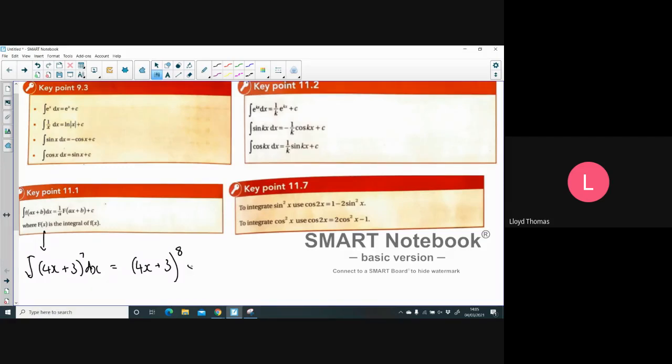Sometimes it might be easier to write 1 over 8 times the bracket instead of the 8 underneath, because you also need to divide by the differentiation of the bracket, which in this case is 4. So we times that also by 1 over 4. The answer comes out to be that bracket over 32, or 1 over 32 times the bracket to the power of 8, plus c. So that's what this rule is all about.